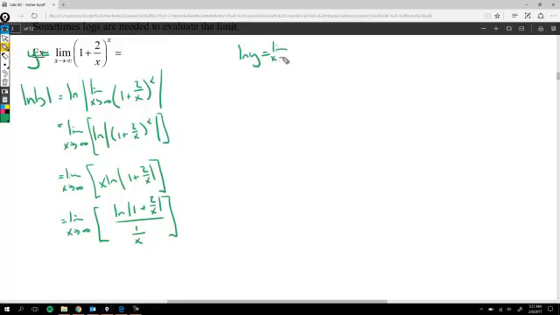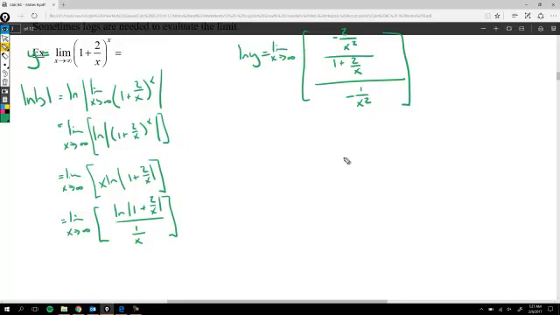It's equal to the limit as x approaches infinity of a kind of long, complicated thing. Negative 2 over x squared over 1 plus 2 over x. So this is the derivative of my natural log function divided by the derivative of 1 over x, which is negative 1 over x squared. All this is in my limit.